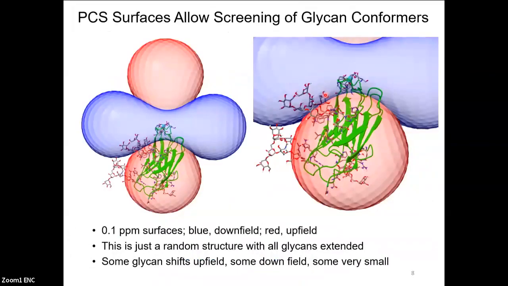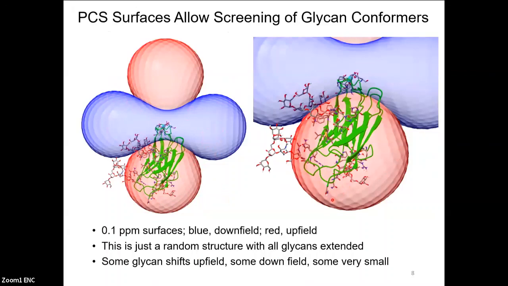We can go back and calculate pseudo-contact shifts. And those are presented here, superimposed on our molecule as a constant pseudo-contact shift surface at 0.1 ppm, both being upfield in pink or red and downfield in blue. All right, and this is just an expansion.